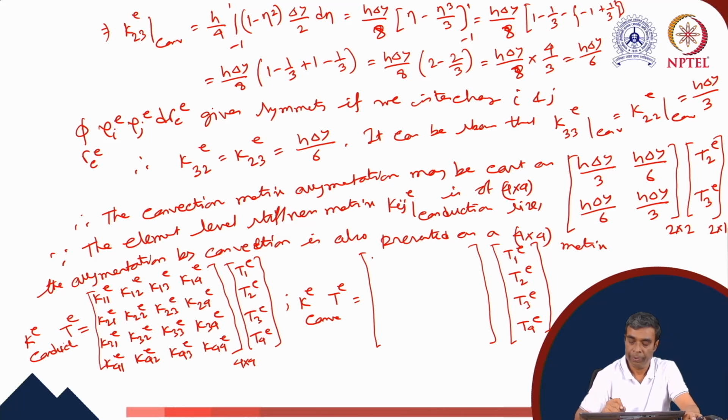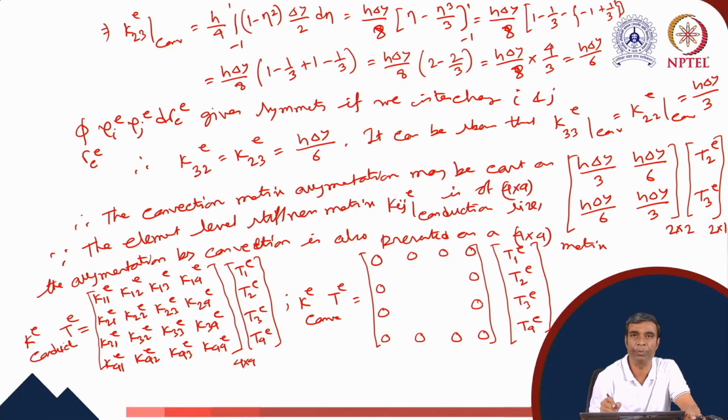So this T1E and T4E do not have any contribution in this convection matrix. So all the terms in the first and fourth row will be 0. So this 4 by 4 matrix will have 0 entries for the first and fourth row, and similarly for the first column and the fourth column.